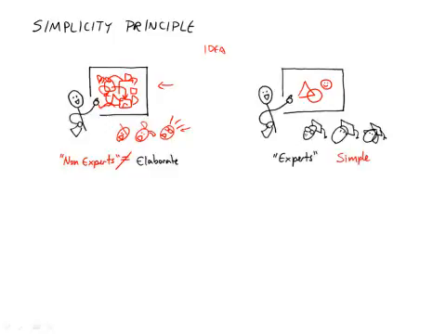For experts, they are also not going to be happy at all. Because they're going to say, what? That's it? You are clearly incompetent. You clearly don't know what you're talking about.